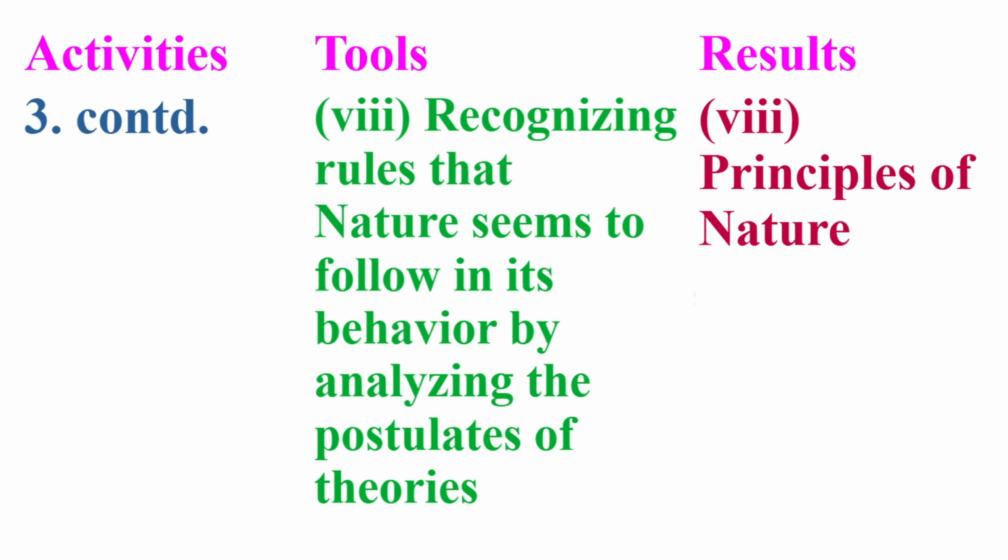These should be contrasted with laws, which are also rules but recognized through the analysis of experimental data. Laws are the result of major activity 2A, but principles are the result of major activity 3.